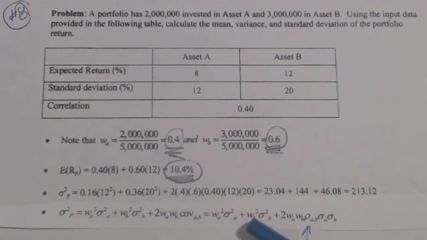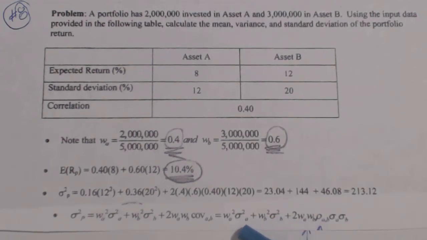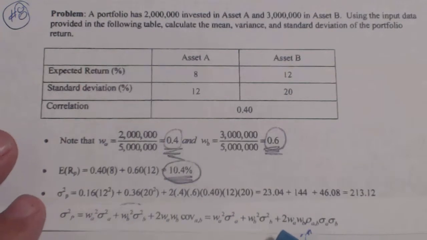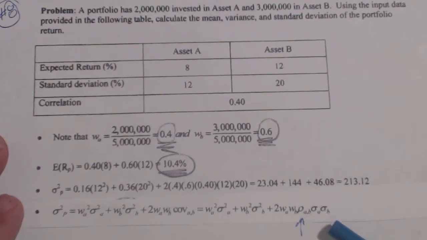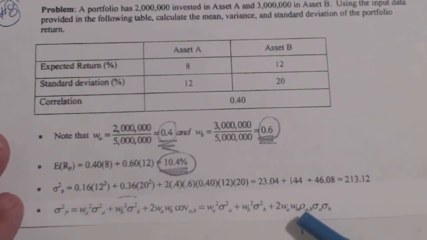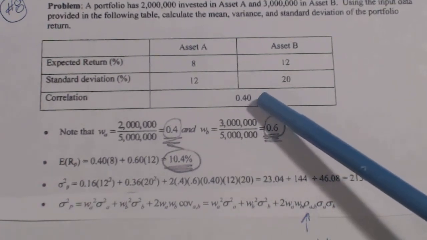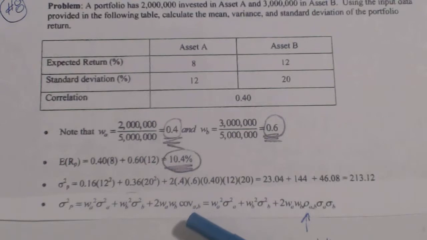This is the same, times 2 times the weighted average of A times the weighted average of B, and then this right here, P, that is the correlation. So when you see correlation here, P, instead of figuring out the covariance, there's a formula for it.